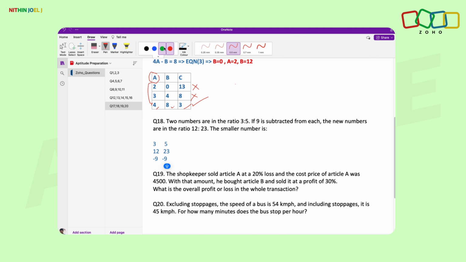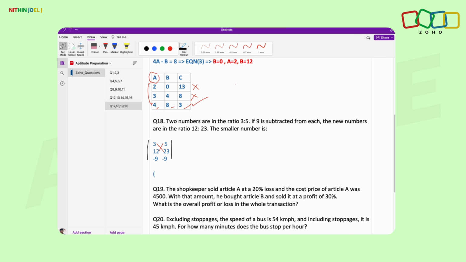So now let's try to find some kind of determinant here. It's not an actual determinant, but a shortcut approach, which is we should cross multiply 3 and 23 with 5 and 12. So 3 into 23 minus 12 into 5, and we have to multiply all this with x to find the smallest number, because we are assuming the smallest number is x.